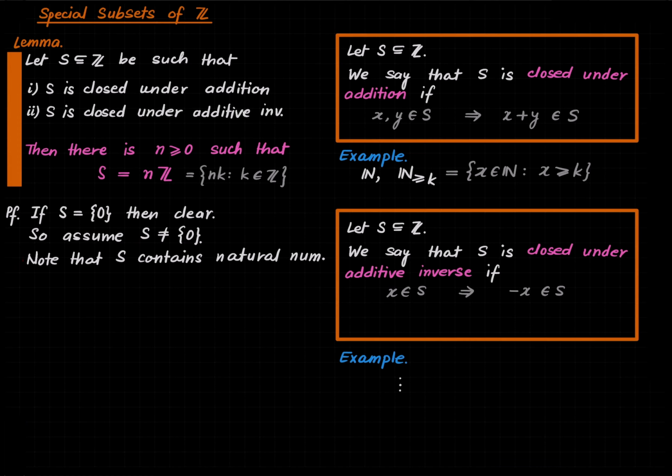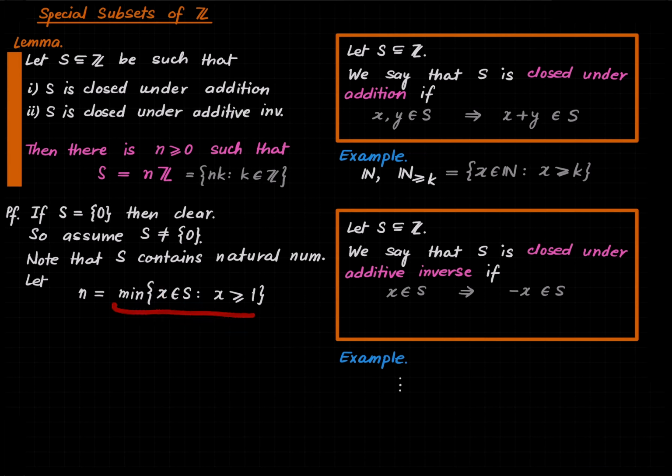Now let n be the smallest natural number in S. Since we just showed that S has at least one natural number in it, this set is non-empty, and therefore it has a minimum.